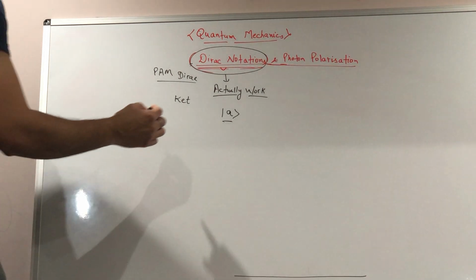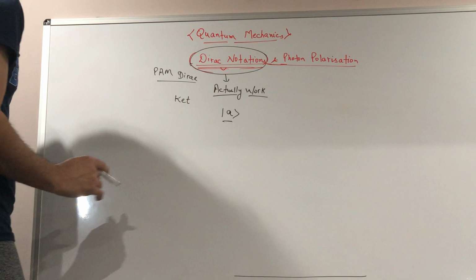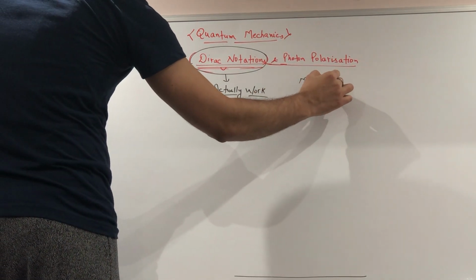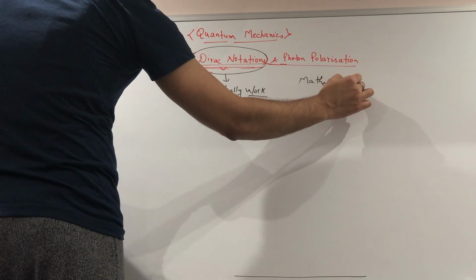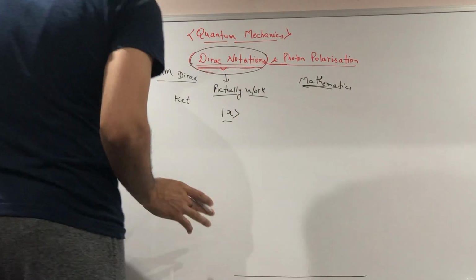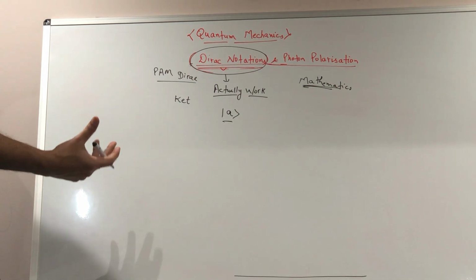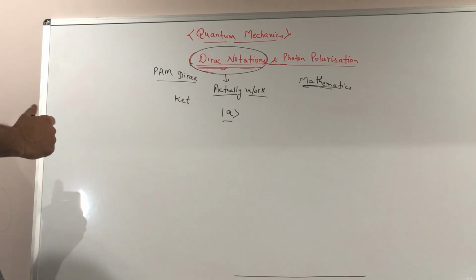It is in the form of a matrix. First of all, I will be dealing with the mathematics of the Dirac notations. Then I will try to explain the physical significance of these notations.